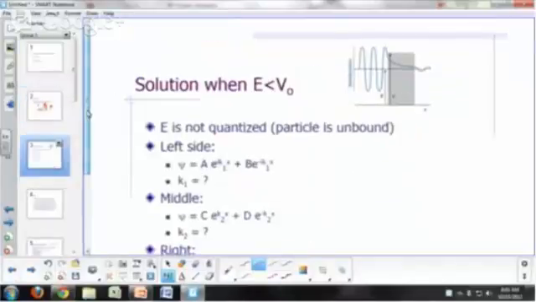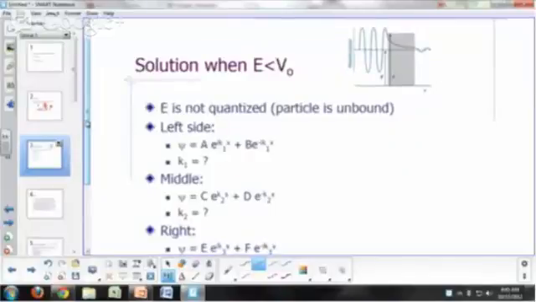And what we said is that if E happens to be less than V naught, so here's your V naught right here, and this is your E, so E is less than V naught, then the solution would look something like this.